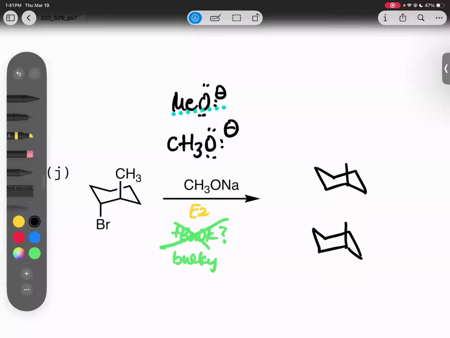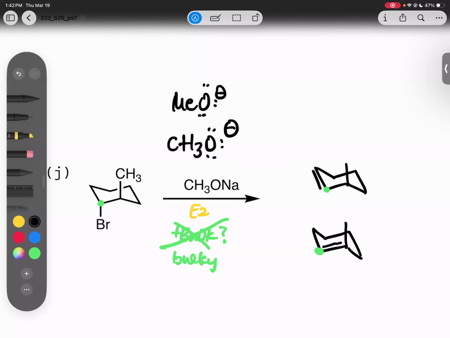The carbon that the bromine is on has to be involved in the double bond. So it can either go that way or that way. Usually we like to draw them inside the ring, but it would look kind of ugly over there. So outside is fine.